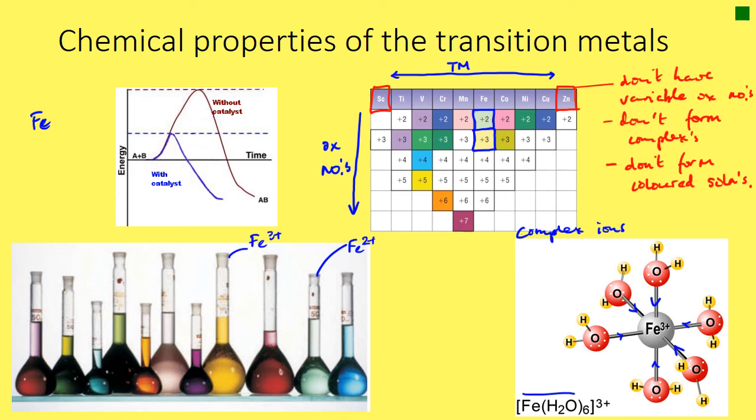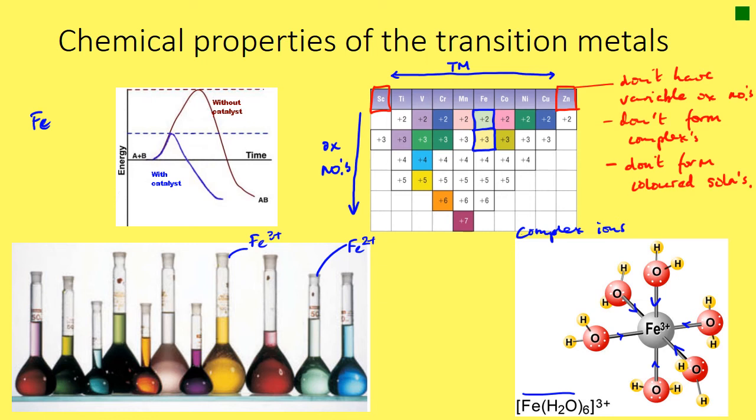They form complex ions. So if you've not come across these before, have a look at this. In the middle we have an Fe3+ ion, and then attracted to that high density of positive charge are the polar molecules, the polar water molecules, and 6 of them.